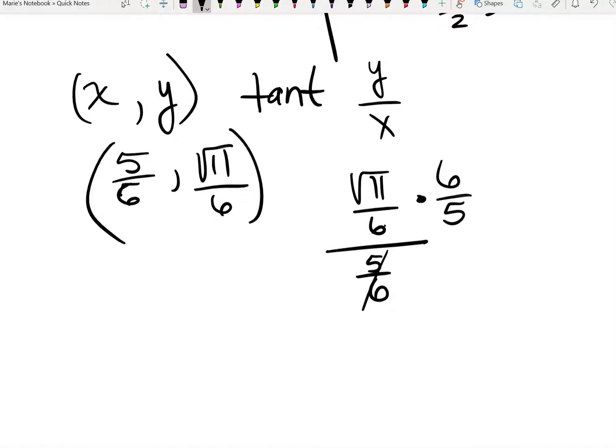And we're going to multiply instead of divide. And the result of that is that the 6 is going to cancel with this 6, leaving you a final answer of square root of 11/5. And that would be the final answer because it's tan, so it's OA. And in this case, the ratio y over x.